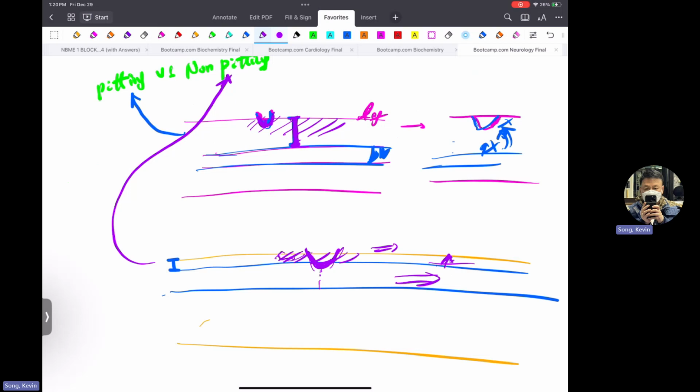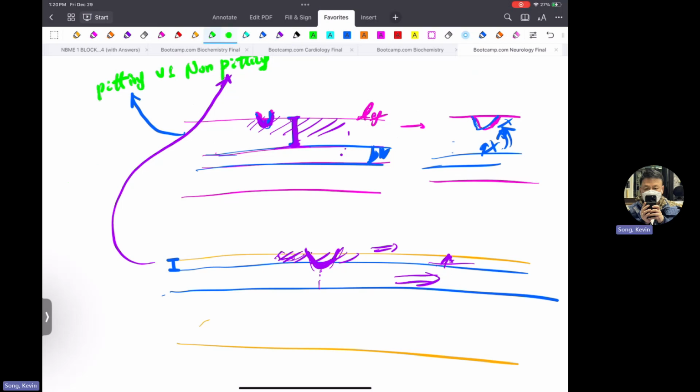If it's outside the vessel, but the blood vessel is very close to the surface of the skin, like the surface of the leg, then it will cause non-pitting edema. So it's not really a matter of whether it's inside or outside the blood vessel, because edema by definition has to be outside the vessel, right?